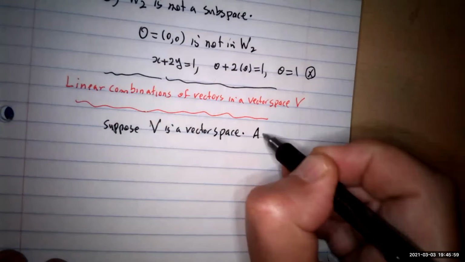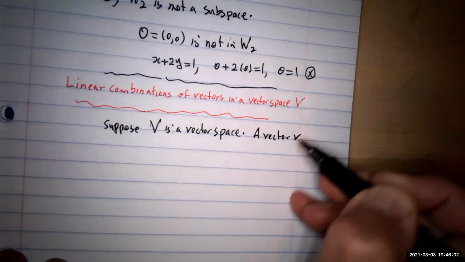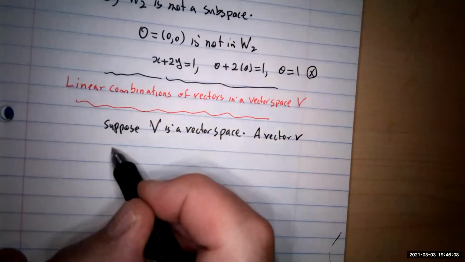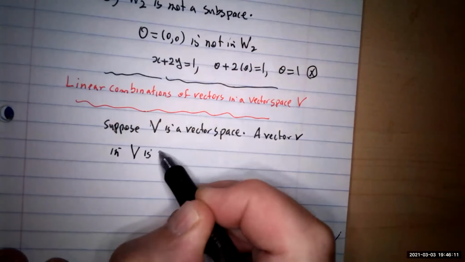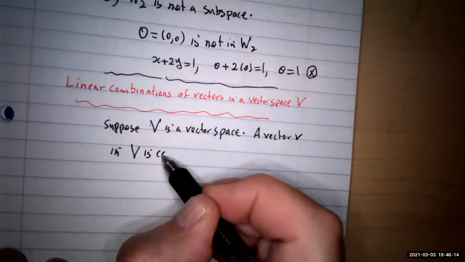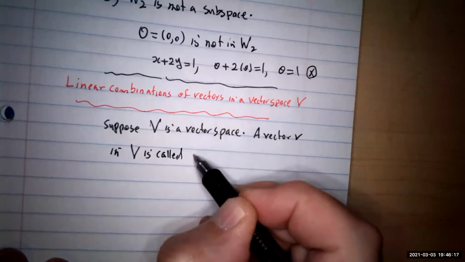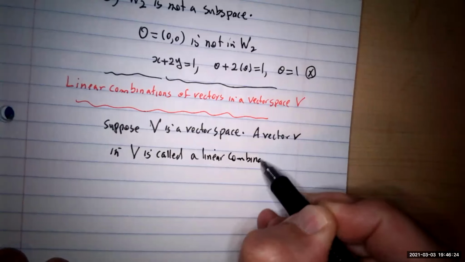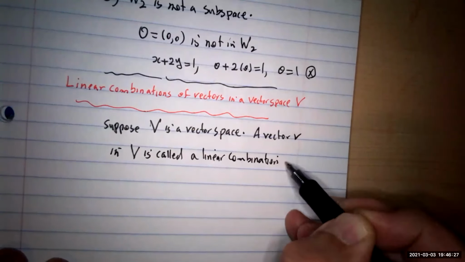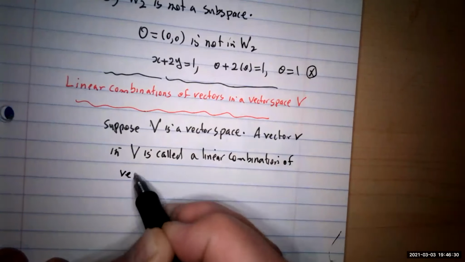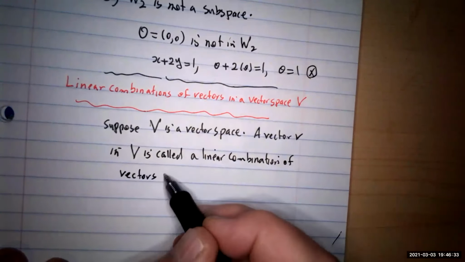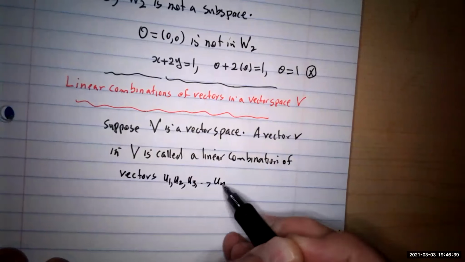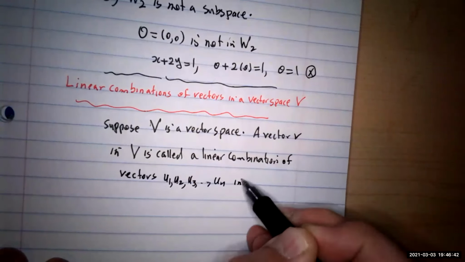Now, a vector v, lowercase v, in V is called a linear combination of some vectors like u1, u2, u3 up to un in our vector space.